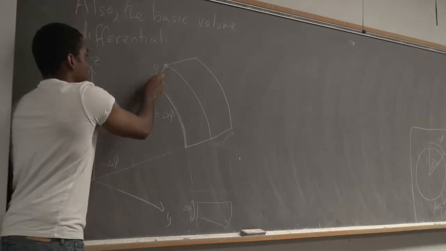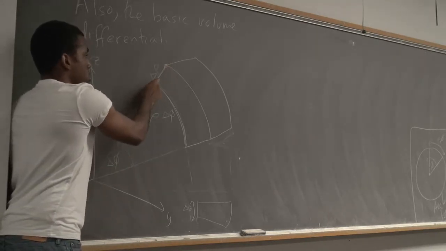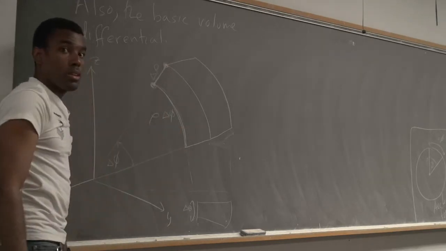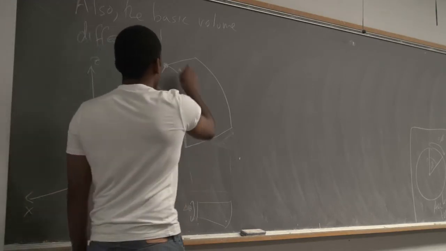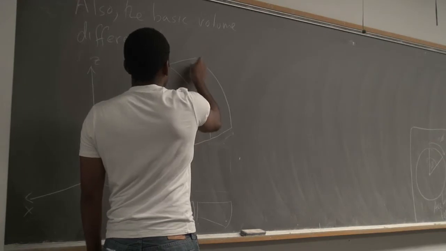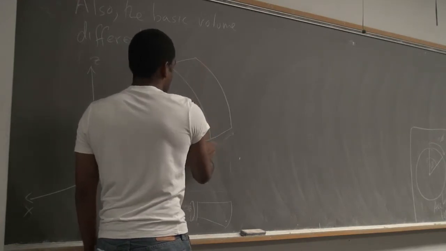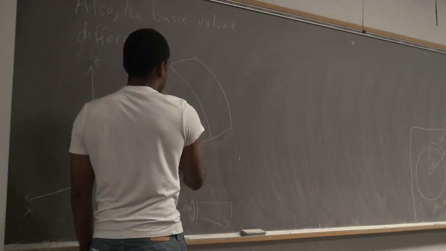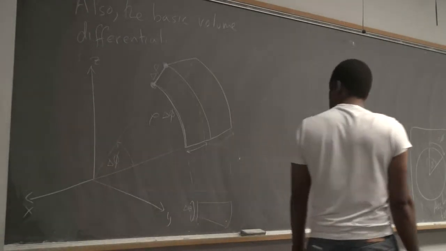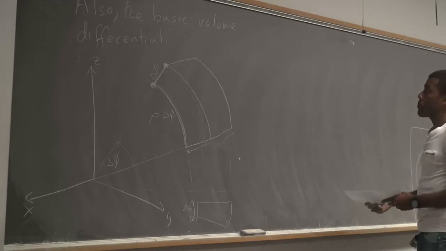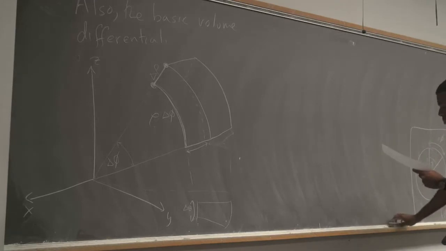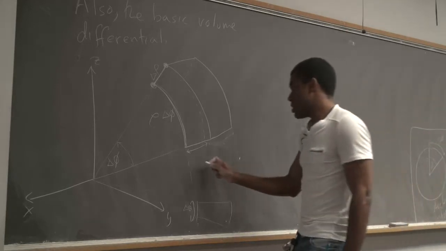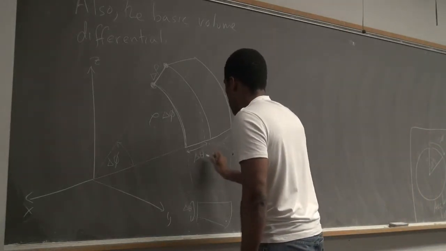The length of this is just the change in rho. You went from this distance from the origin to that distance from the origin. And then the change in here is going to be what? That would be the change in theta, no? Am I looking at the side or the bottom?